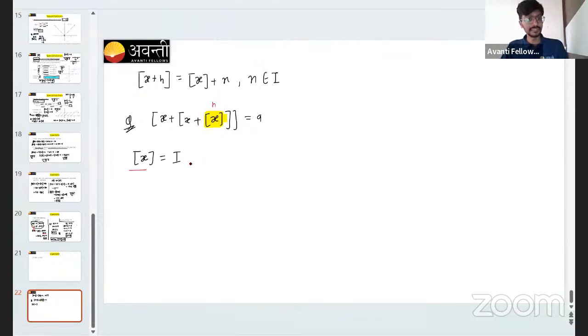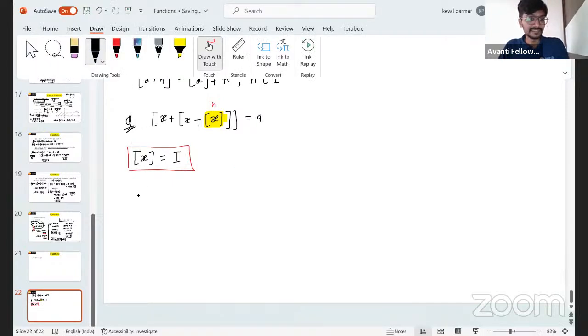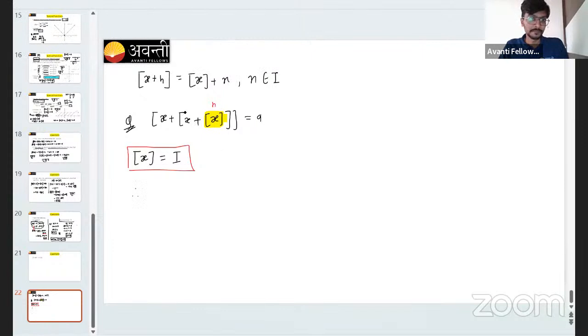Because it is always an integer. So I can write this equation as this whole bracket as this bracket. That is, I can write step of x plus step of x, the whole x, as step of x plus step of x.